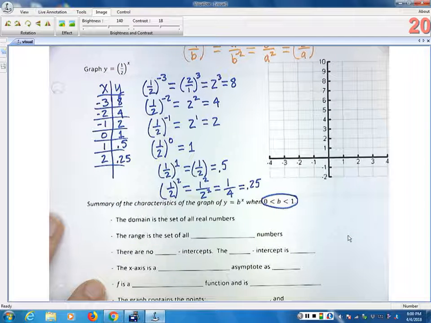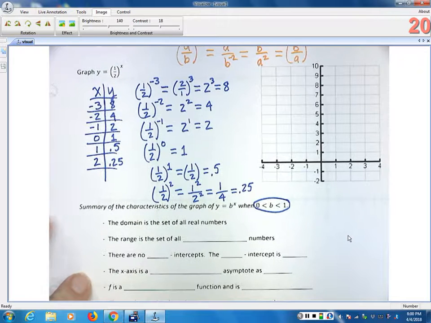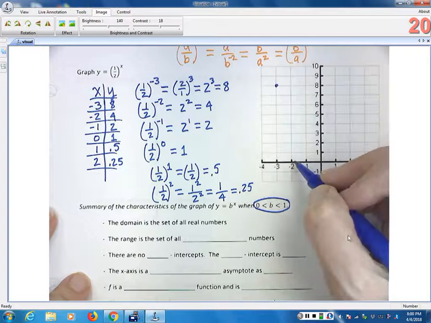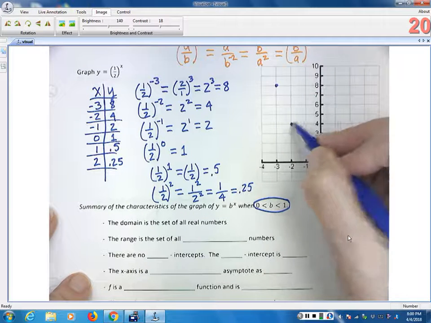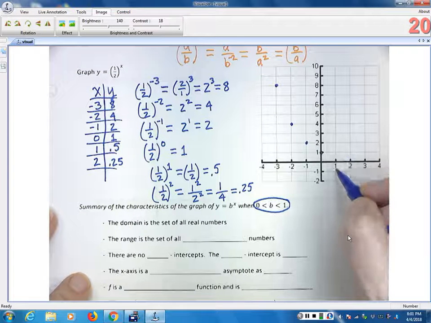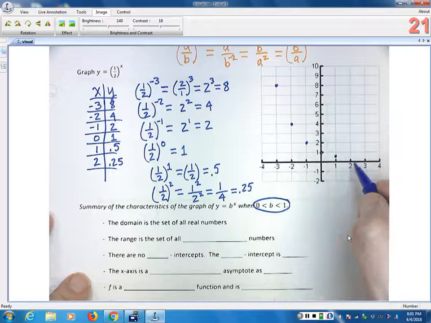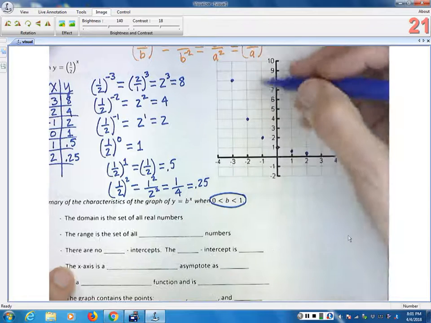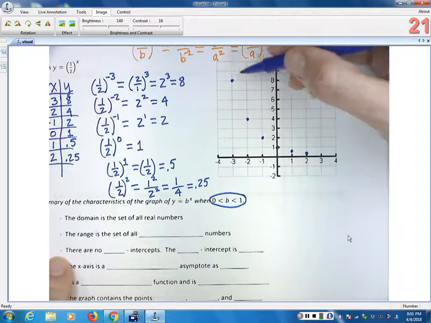Okay, and so we're going to graph that. So -3, 8; -2, 4; -1, 2; 0, 1; 1, 0.5; 2, 1/4; and it goes like this.